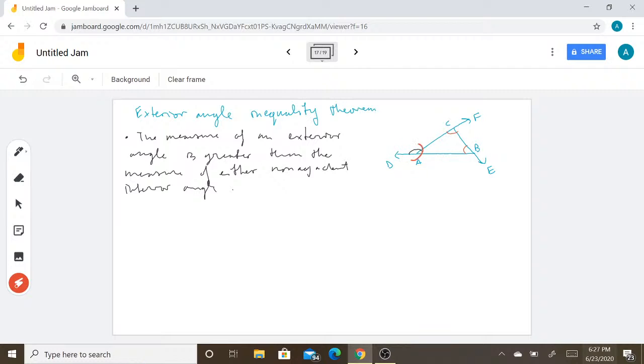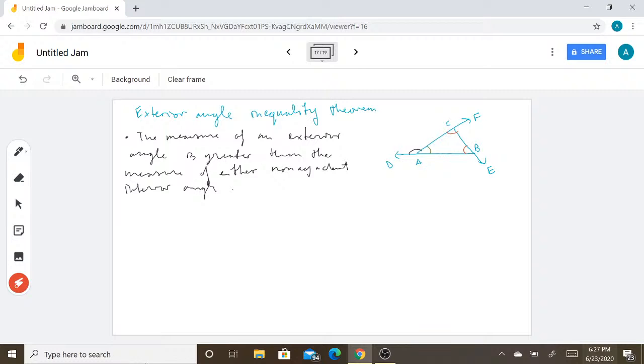The only adjacent interior angle for the angle DAC would be the angle CAB over here. So this theorem basically says that for any exterior angle, for example DAC, this angle measure will be greater than both the angles that are not next to it, both interior angles that are non-adjacent.